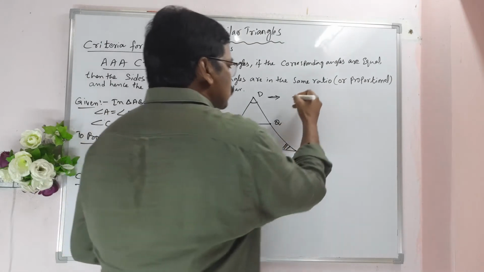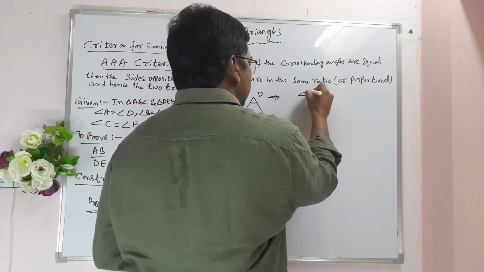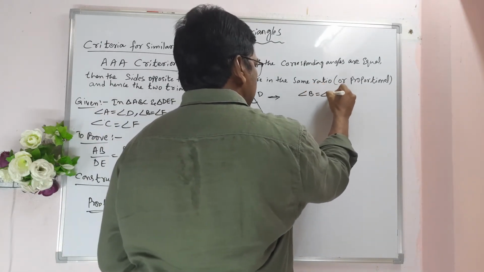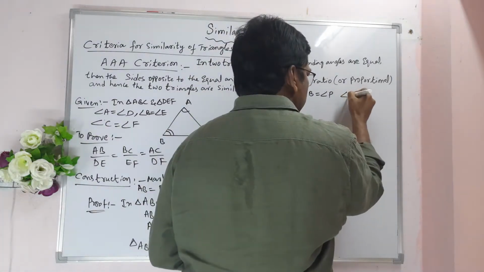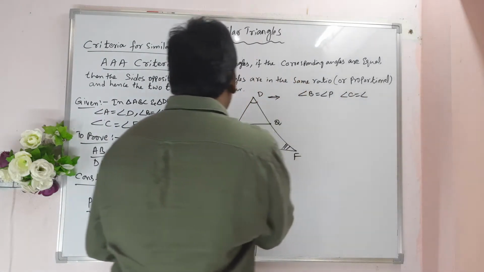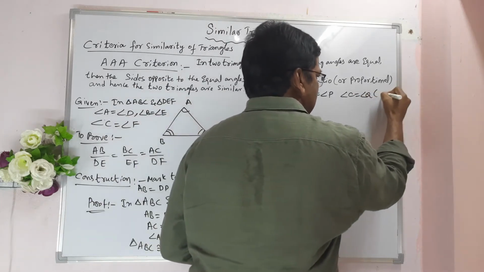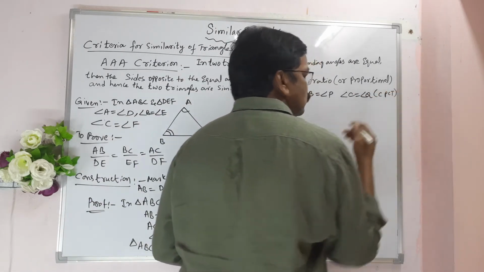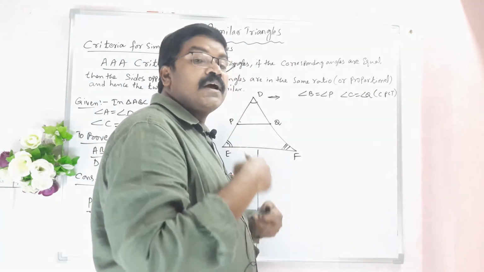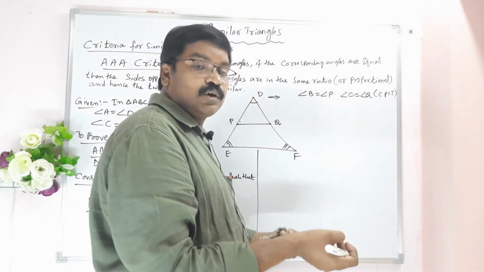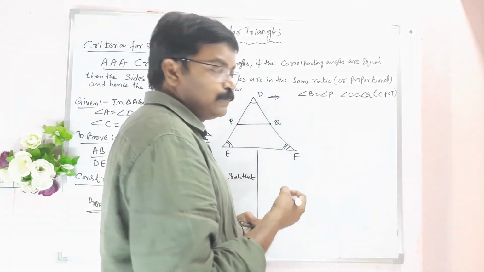Now, whenever the two triangles are congruent, angle B should be equal to angle P, and angle C is equal to angle Q. Why? CPCT: if two triangles are congruent, then the corresponding sides and corresponding angles are also equal. That is called simply CPCT.